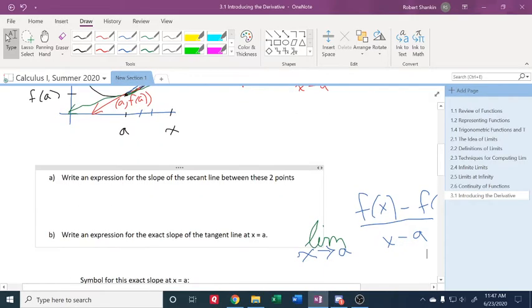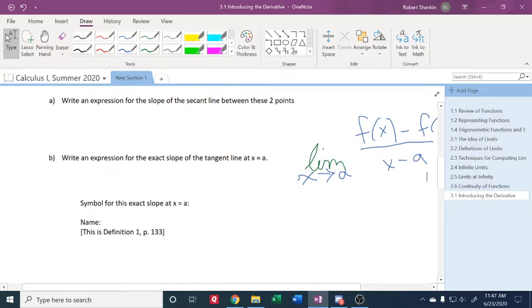Okay, let's come back now. The symbol for this exact slope at a, this is introducing this new section. What we're going to use is the exact slope at a point.